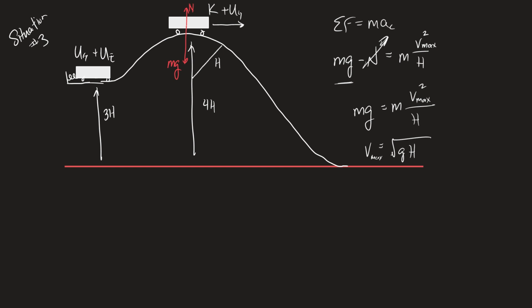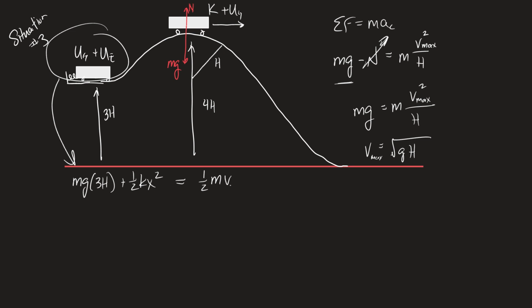So let's put all those things together. I'll have mg times 3h plus 1/2 k x squared. That's from this. That has to equal 1/2 m Vmax squared plus mg times 4h. That's from this.